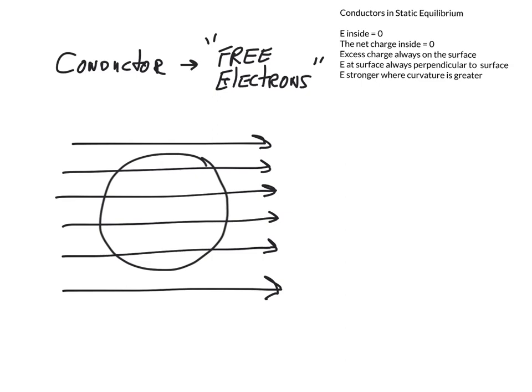An electron in a field moves opposite the direction of the field. And so what happens, just there's 4 field lines going through, 4 electrons are going to move over here to the surface. And those field lines will terminate on the surface.